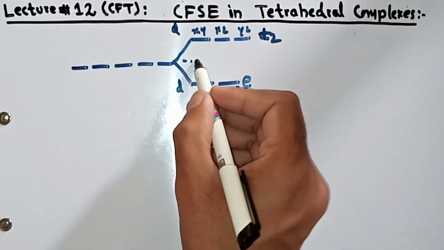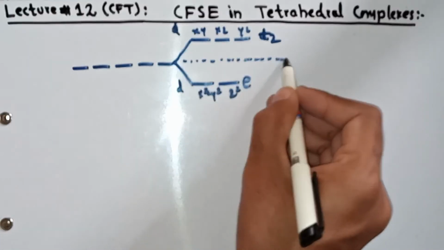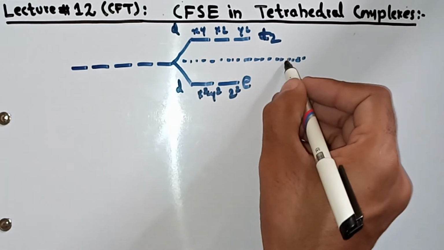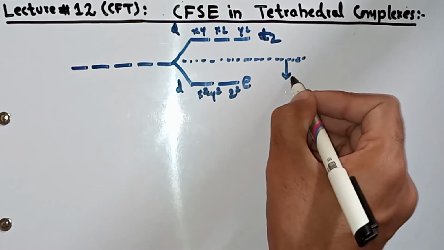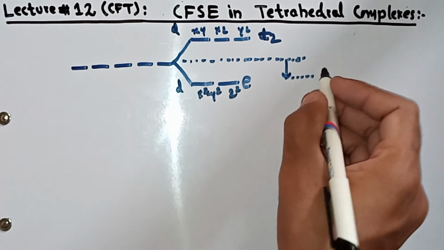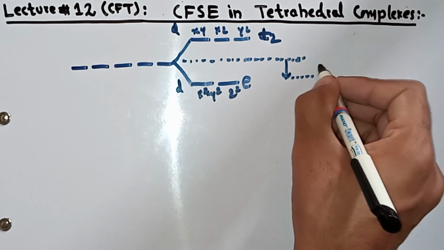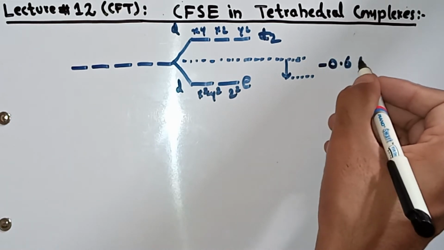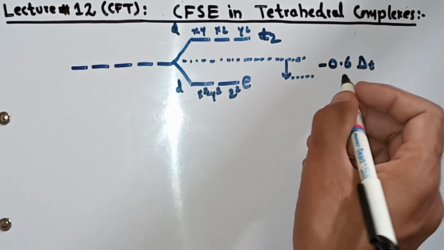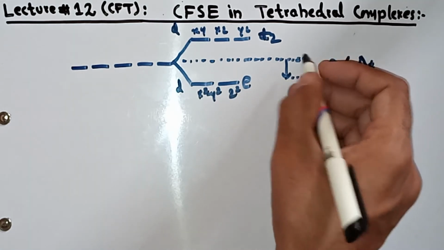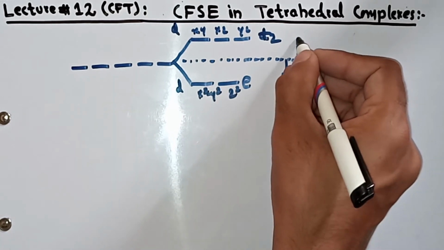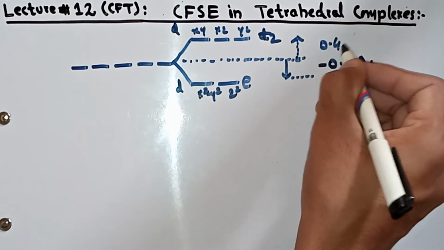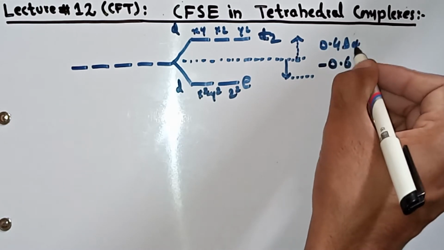Let's suppose this is the normal level. The energy of the E set decreases by 0.6 delta t, while the energy of the T2 set increases by 0.4 delta t.